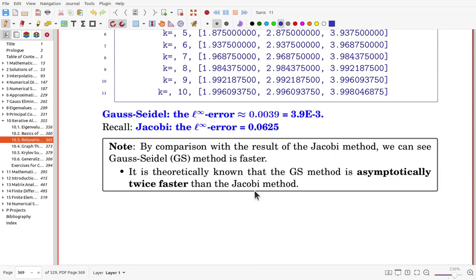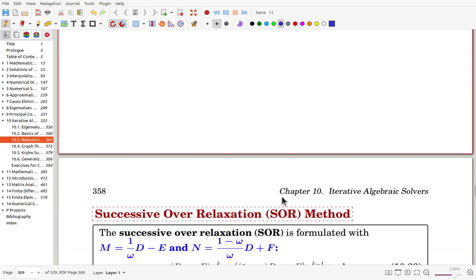By comparison with the result of the Jacobi method, we can see the Gauss-Seidel method is faster. It's theoretically known that the Gauss-Seidel method is asymptotically twice as fast as the Jacobi method.